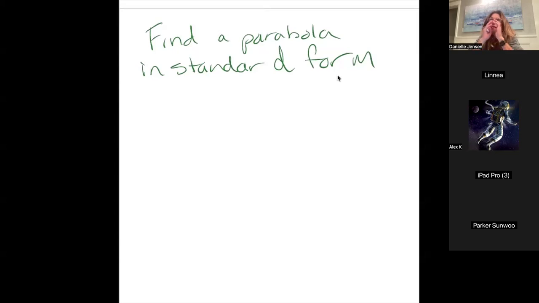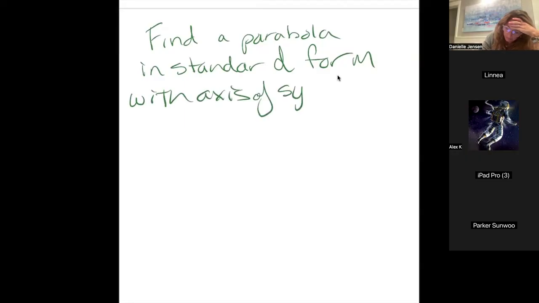Okay, give me a second to think about. Okay, with axis of symmetry x equals, well, maybe I'll just do 4.